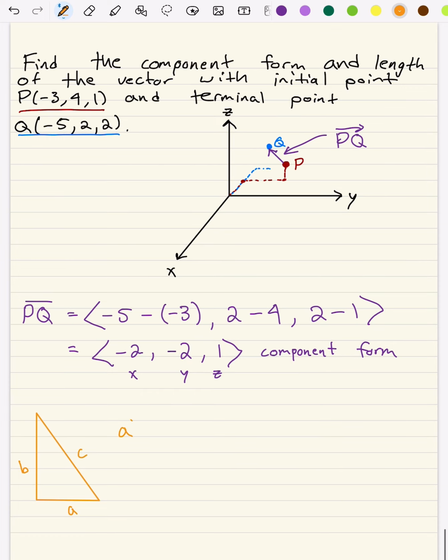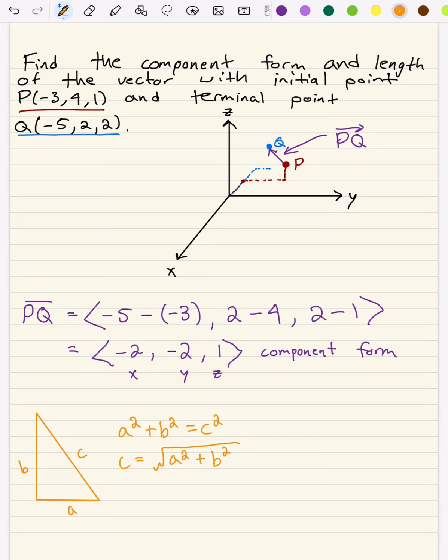And you have the formula a squared plus b squared equals c squared. Now, if you want to find just the length of c itself, you're going to want to solve for c in this equation. So this equation becomes c equals the square root of a squared plus b squared. So you take the two sides, you square them, and then you take the square root of their sum.